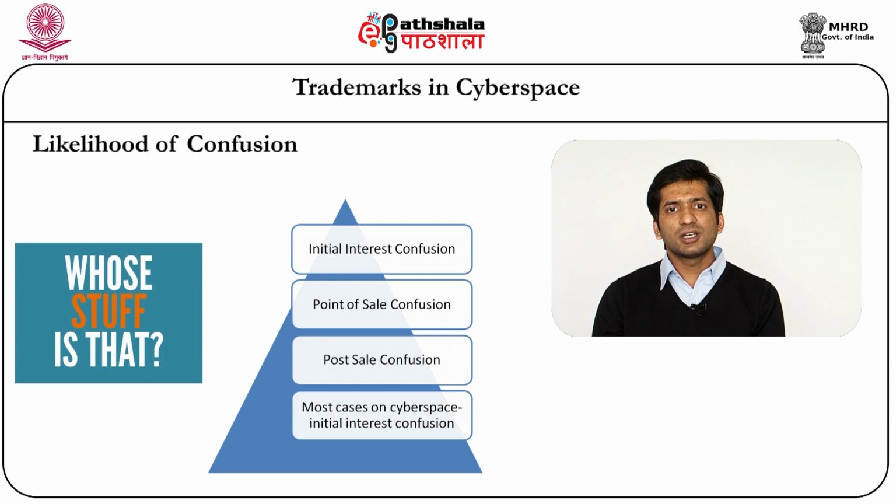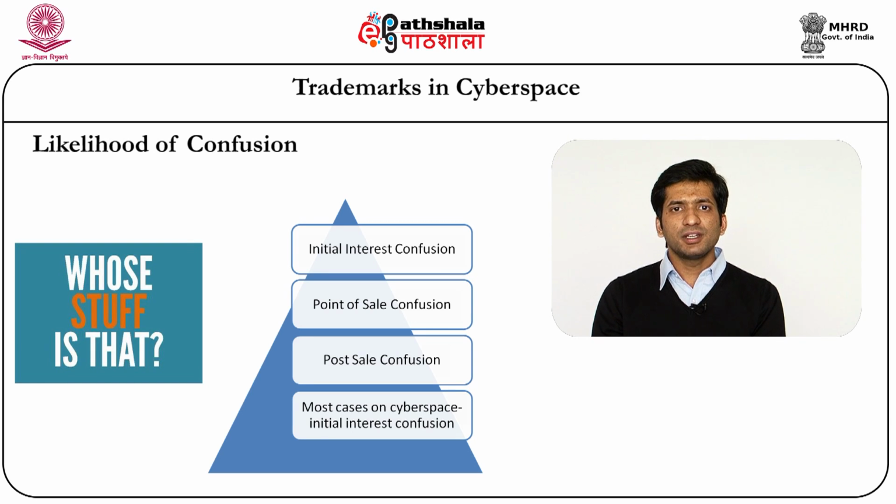So, this is called initial interest confusion, where the confusion is at the level of the interest of the potential consumer. The second one is point of sale confusion. Point of sale confusion occurs when a consumer is confused with respect to the origin of the goods at the point of sale.